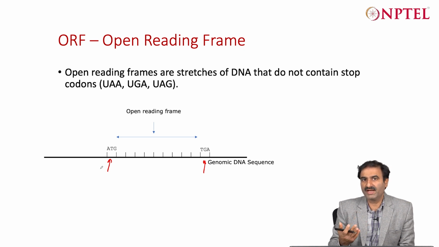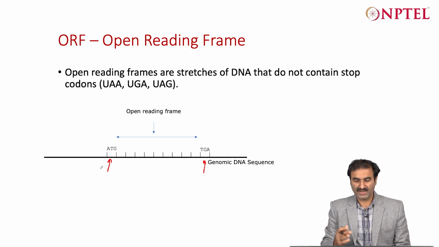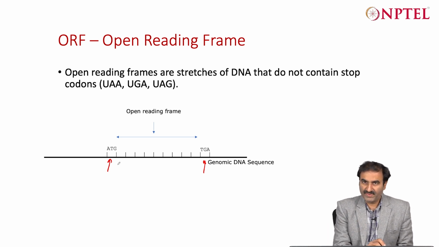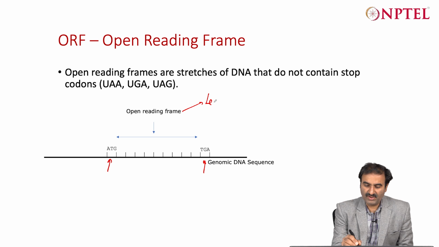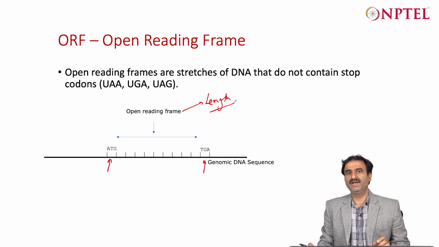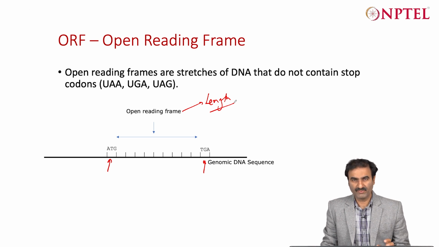If you keep a gap or skip a nucleotide, it will be a different reading frame. So a continuous stretch of codons between a start and stop codon will be an open reading frame, and the length of this will matter. There has to be a minimum length that you would consider.